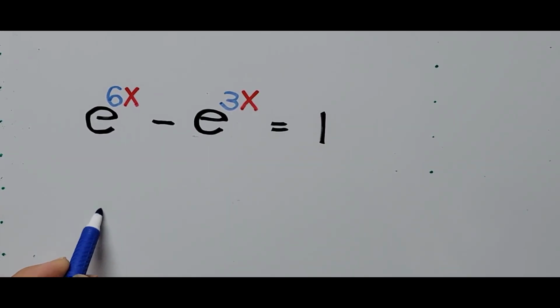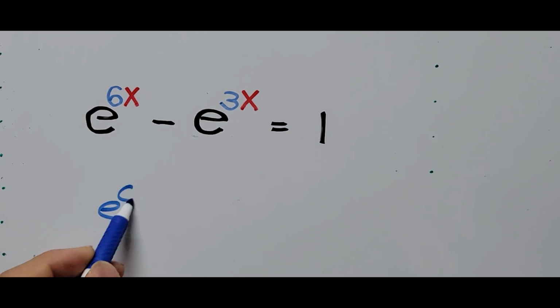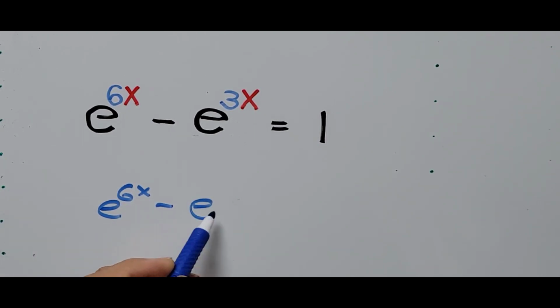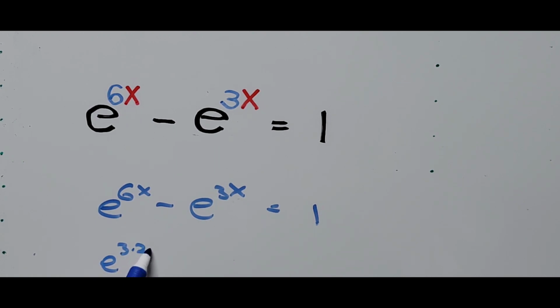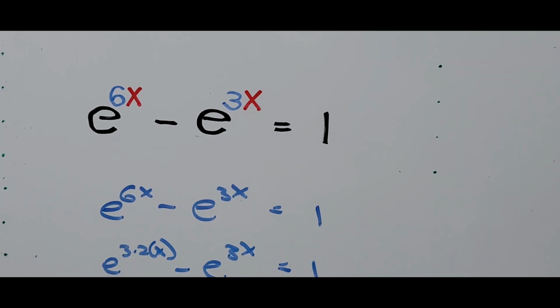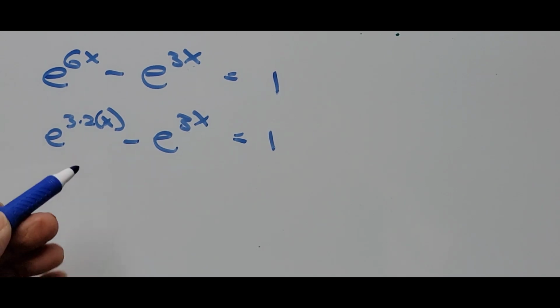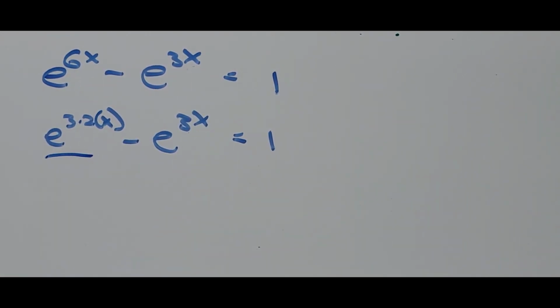Okay, so e raised to 6x minus e raised to the 3x equals 1. The first term can be written as e raised to 3 times 2 multiplied by x, minus e raised to the 3x, equals 1. From here, we focus our attention on the first term of the equation.